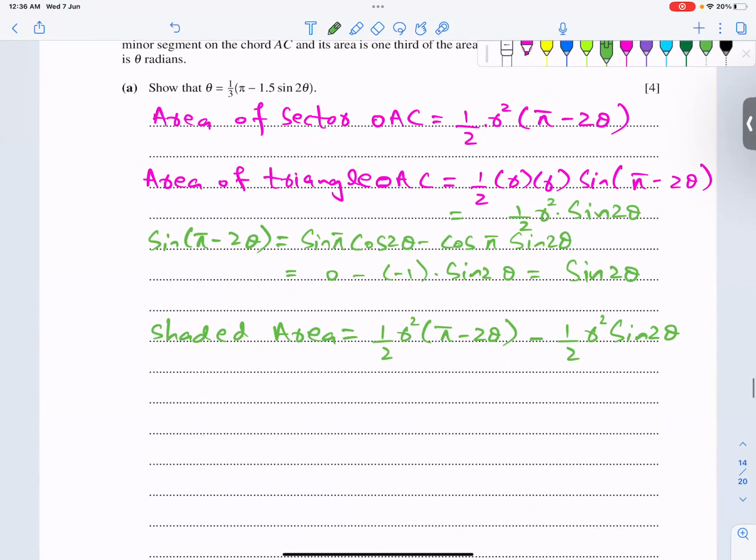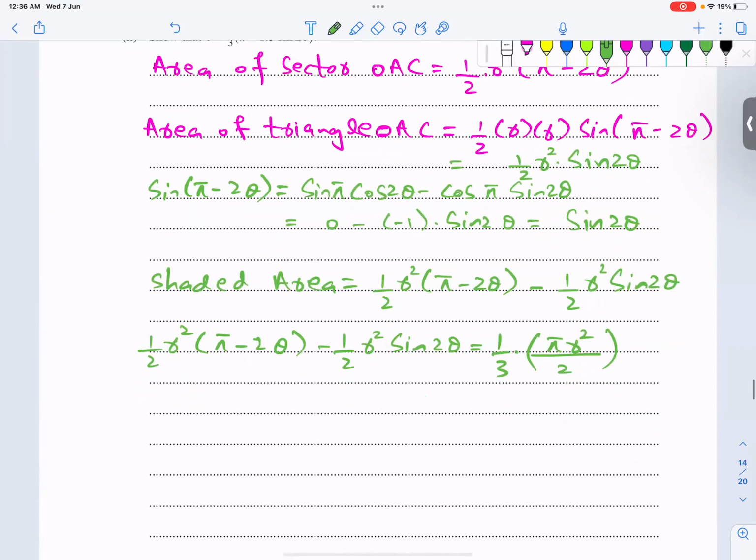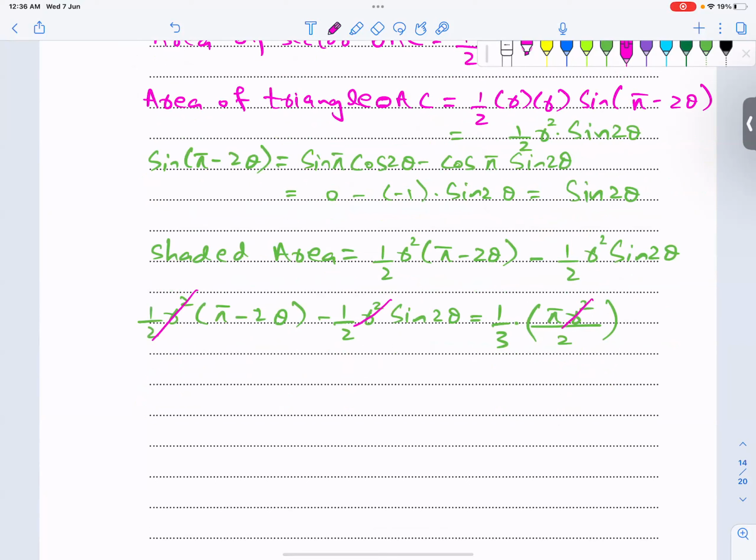As this shaded area is 1/3 of the area of the semicircle, this means that this equals 1/3 into the area of the semicircle. So now you can cancel, in these types of questions, the constants will cancel out.